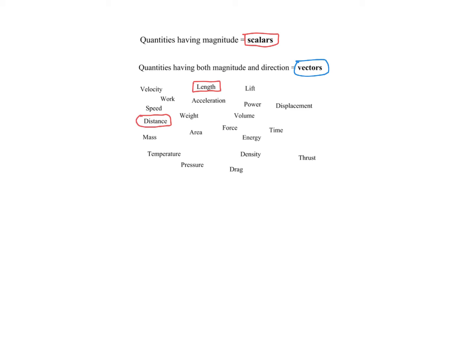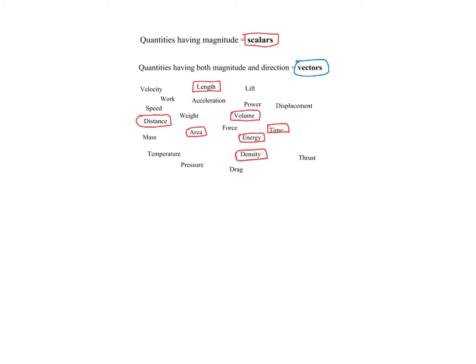We might have area, only has one quantity. Time is scalar. Volume is scalar. And energy is scalar. Density is scalar. So these are values that only have a magnitude and not direction.